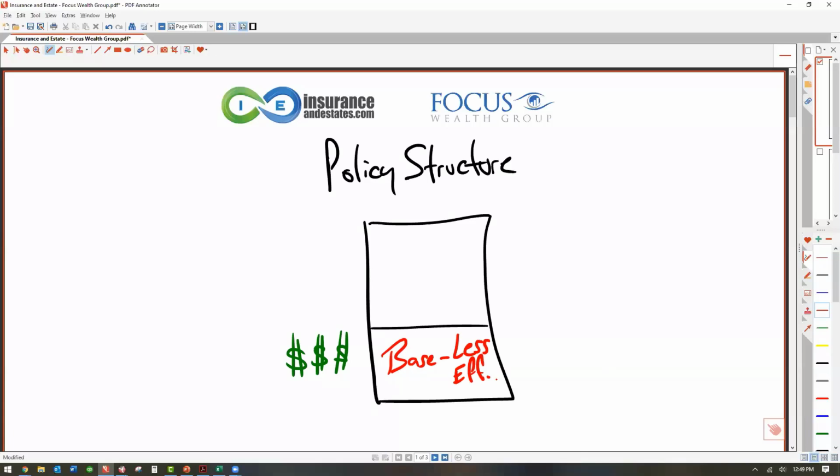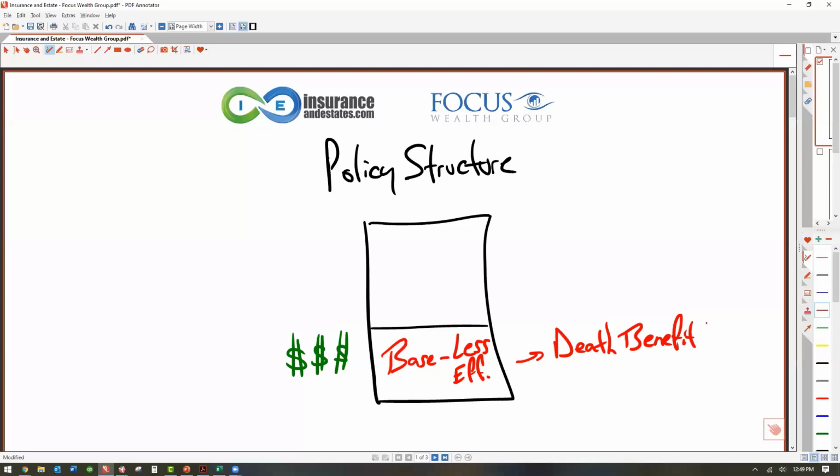Why? Because you're primarily buying a lot of life insurance death benefit. There's zero cash value in year one, and then very slow cash value growth as time goes on. Unfortunately, this is how most life insurance policies are designed.